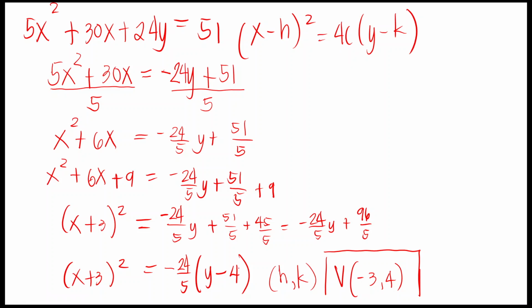From our result, the standard equation for this particular parabola, we see that y minus 4 is multiplied by a constant, which is negative 24 all over 5. By inspection, we can see that 4c is equal to negative 24 all over 5. Solving for c, we can divide both sides by 4.